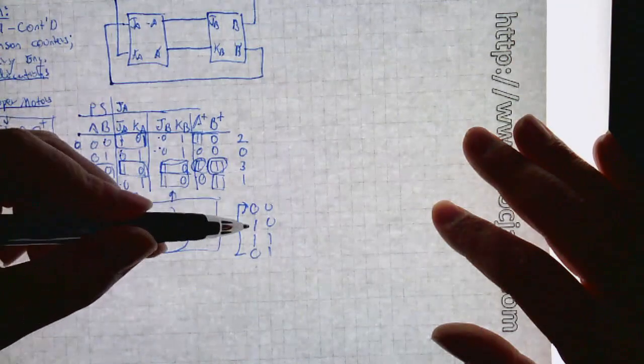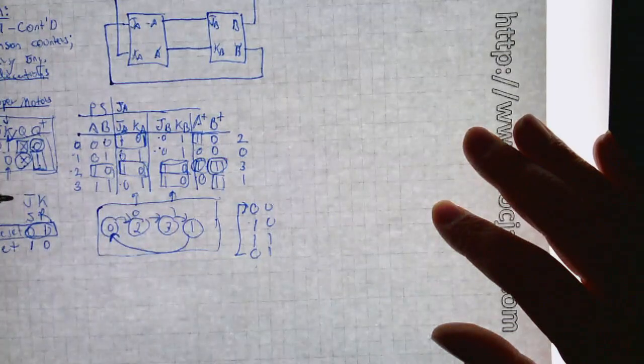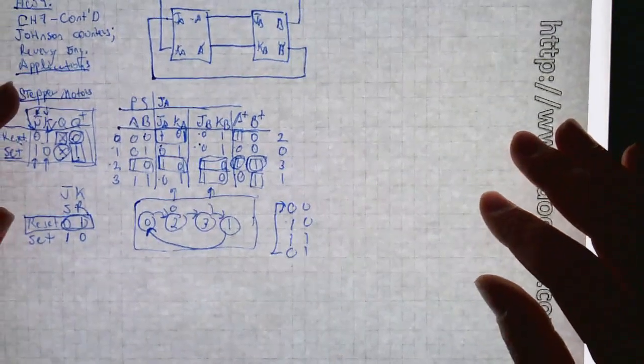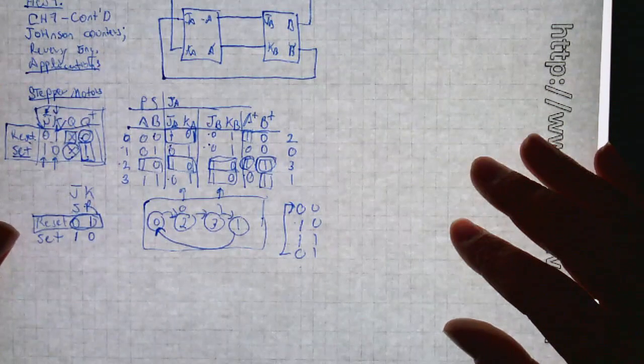And that is called a one-hot counter because there's only one bit changing as you go from one transition to the next. This is kind of useful for doing things like running stepper motors. And that was part of the intro to homework number 9. I had this little thing about stepper motors. So now we've got this kind of interesting little counter, and we've done the analysis for 2 bits.